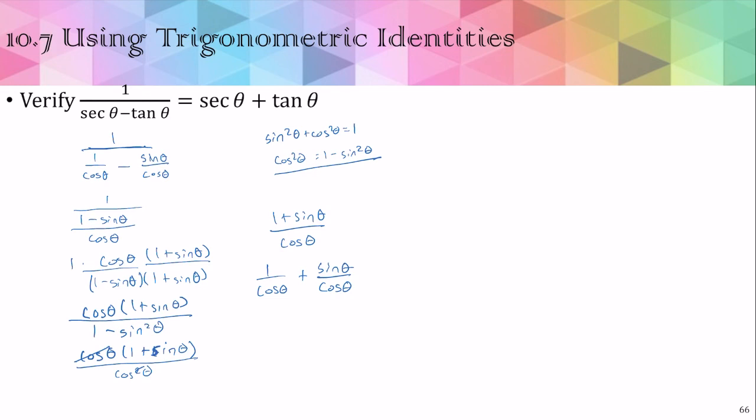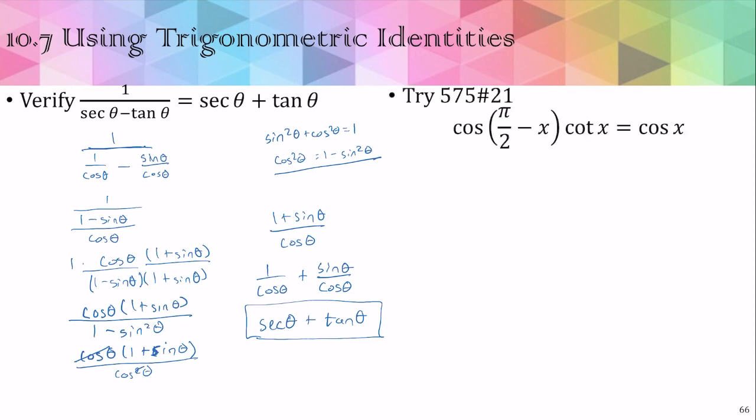Well, 1 over cosine is secant, and sine over cosine is tangent. And there we are. That's what we were trying to prove. Now that was a hard one. Why don't you try one that's a little bit simpler? Why don't you try number 21?